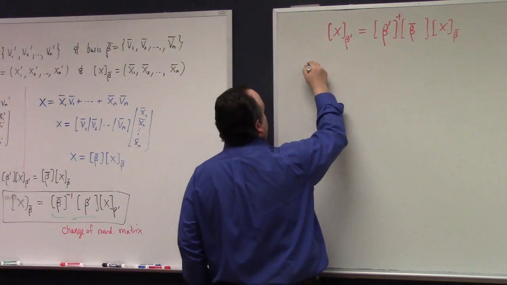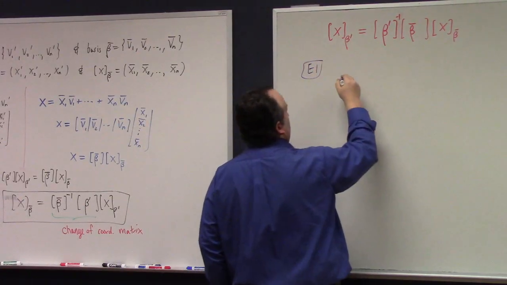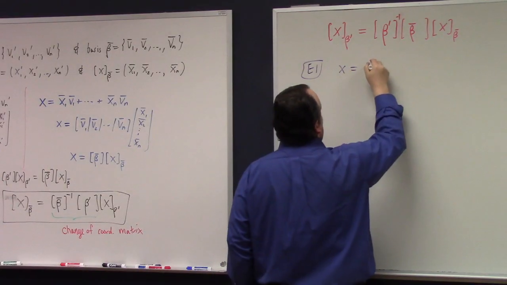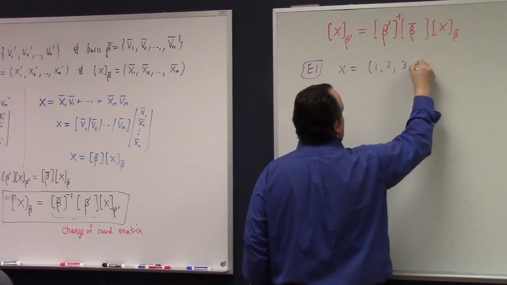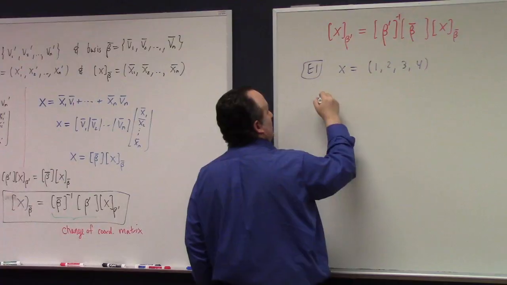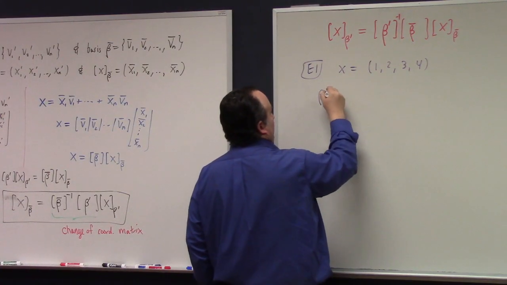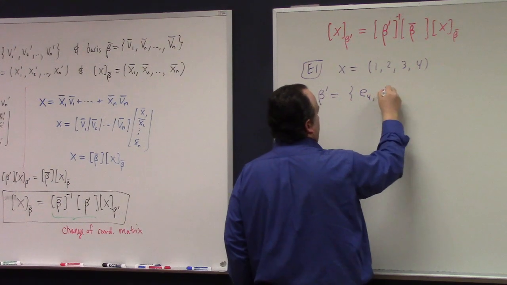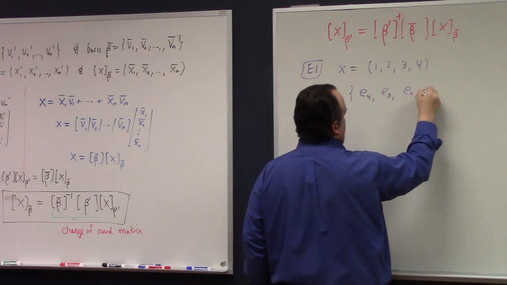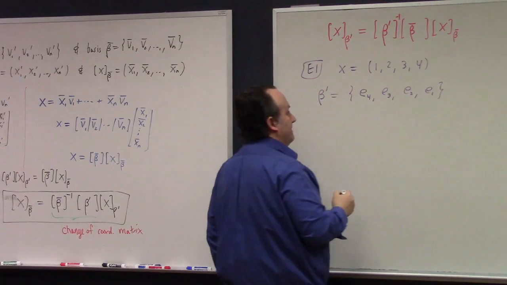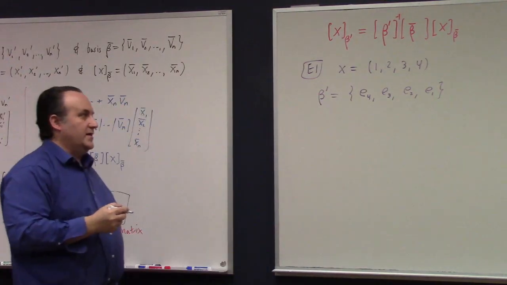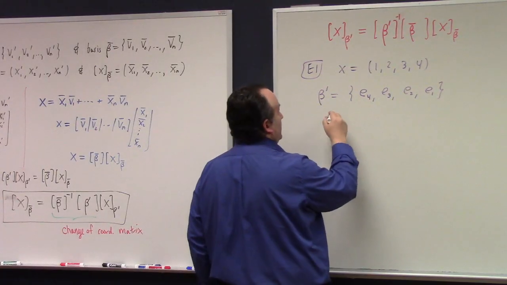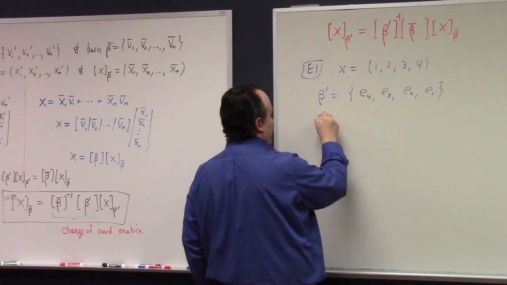So example 1, let's look at x equal to (1, 2, 3, 4). And we'll look at the basis beta prime equal to e4, e3, e2, e1, all right? And let's make our beta bar matrix more exciting.